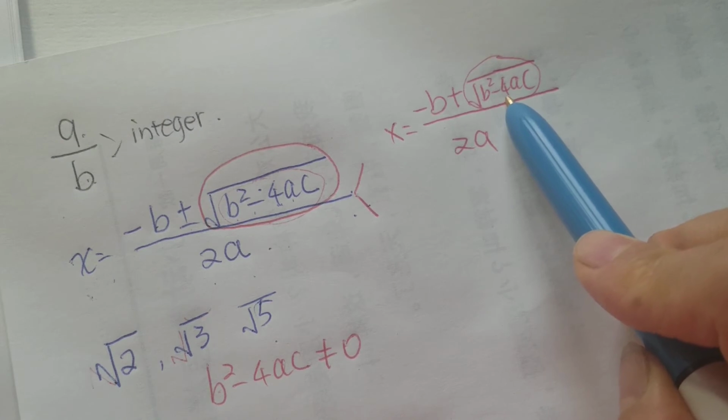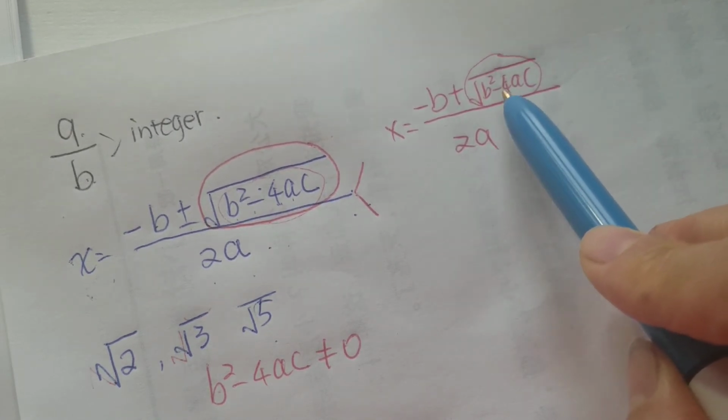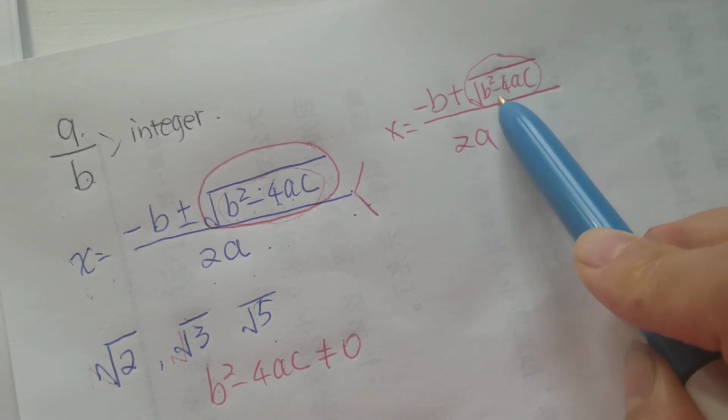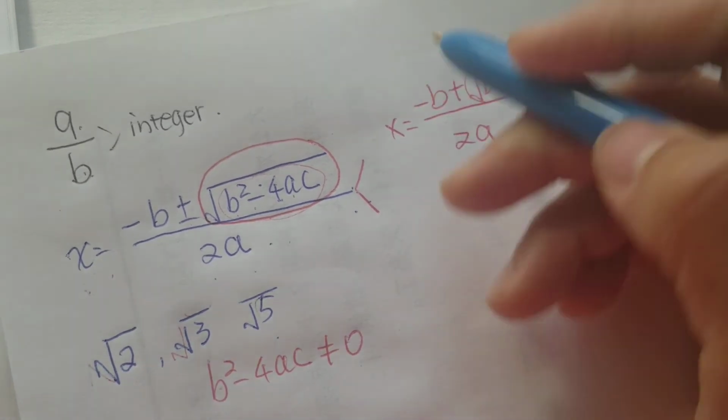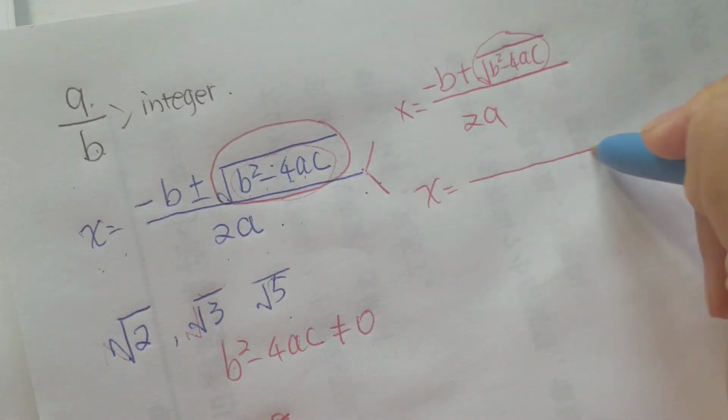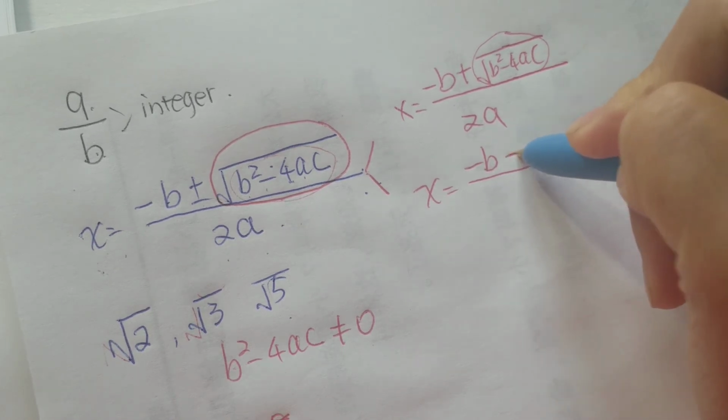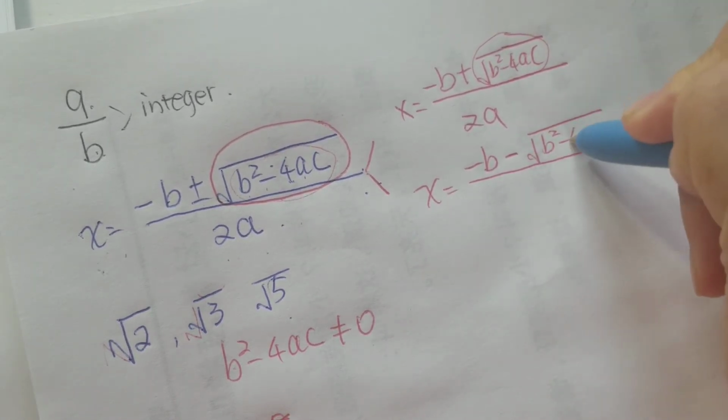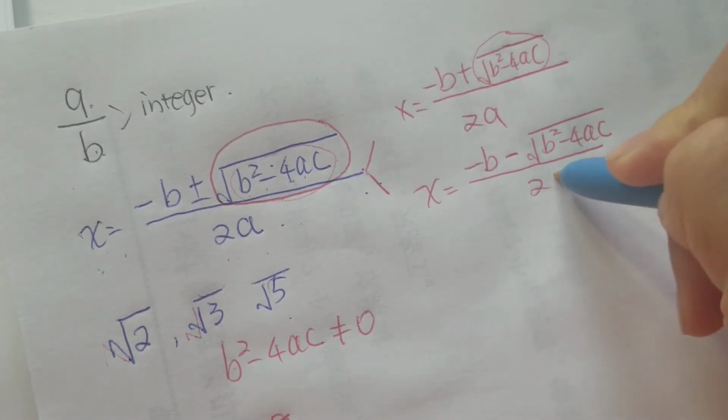If it's not a perfect square, you have to keep the radical sign here. And then the second solution is going to be negative b minus the square root of b squared minus 4ac over 2a.